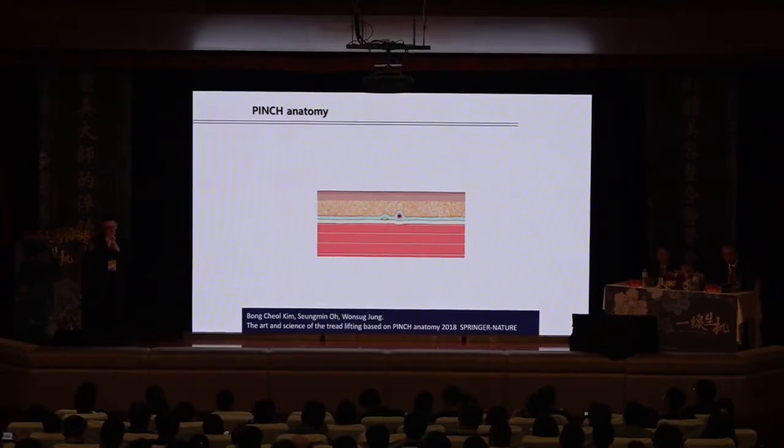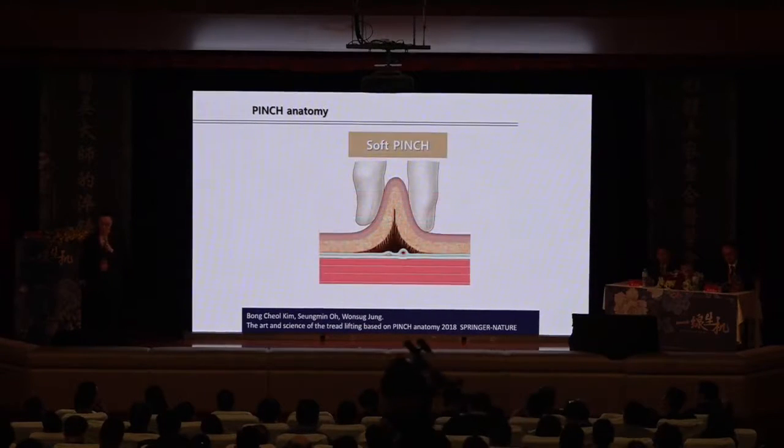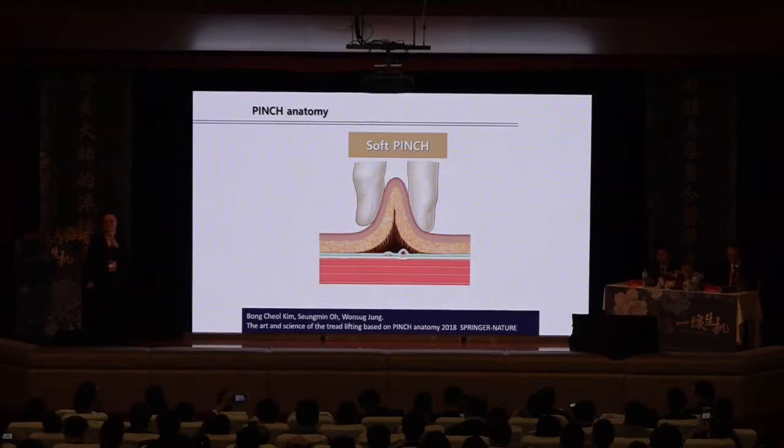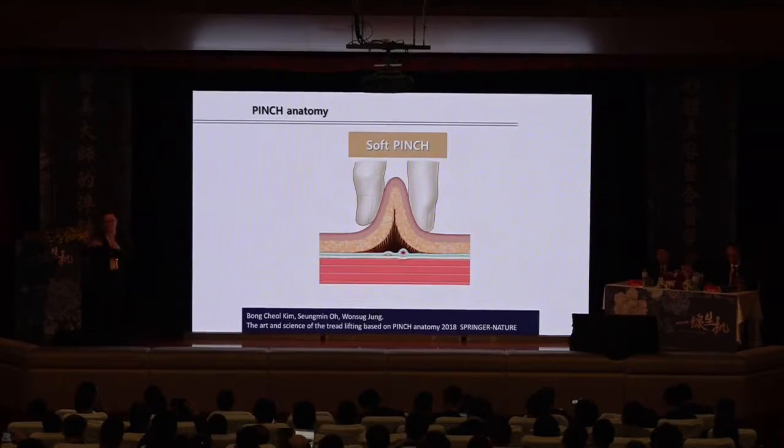The superficial temporal fascia encapsulates the superficial temporal artery, and the facial lobe is under the STF. A soft pinch is like this, because the connection between the superficial temporal fascia and the subcutaneous pad is not so strong.